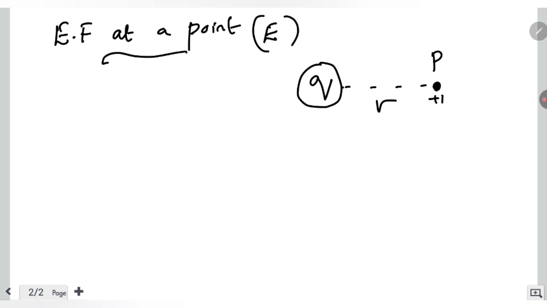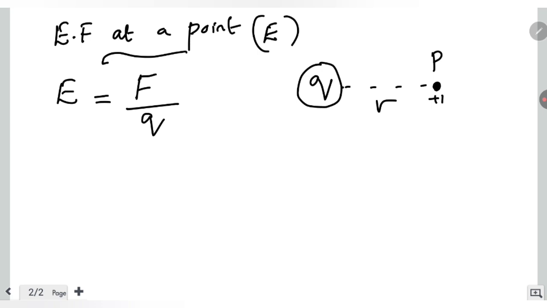The electric field at this point P is defined as the electrostatic force experienced per unit positive charge placed at that point. So you can see electrostatic force, Fe, experienced per unit positive charge placed at that point.